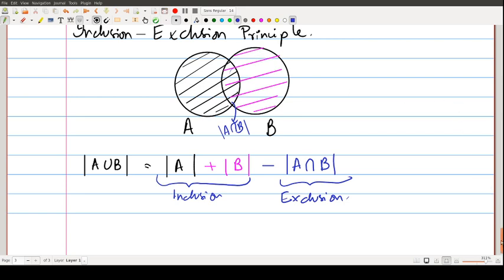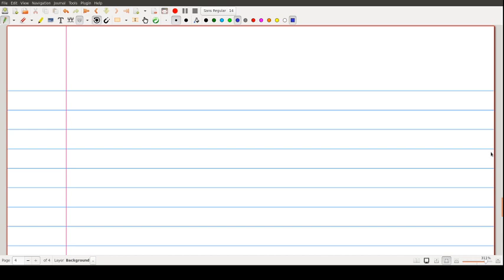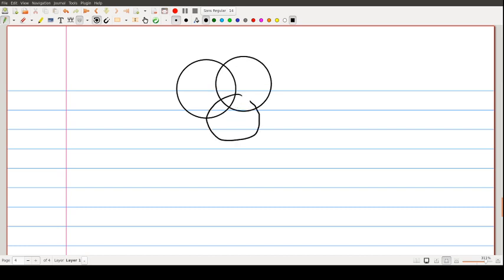So let's do a case with 3 sets. So I have, let's say, set A, set B, and set C. And now again I want to find the number of elements in A union B union C. So I start off with my inclusion.